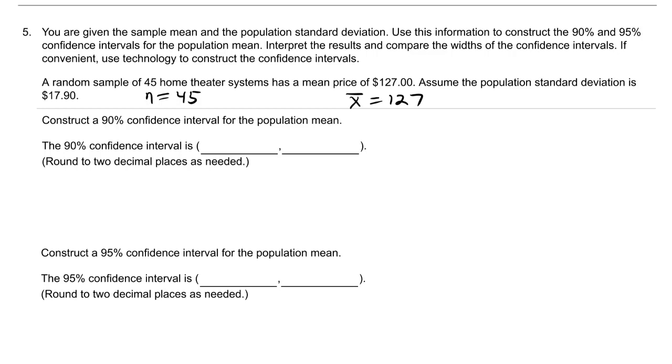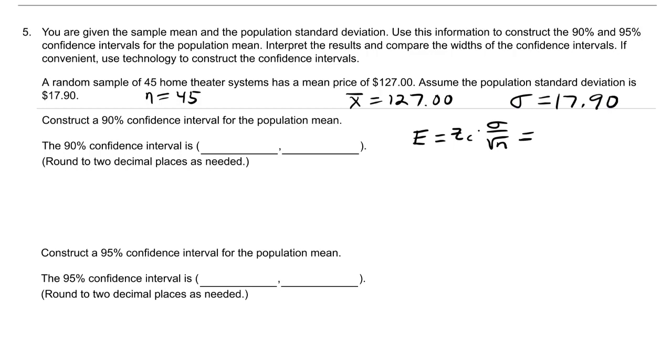Assume the population standard deviation is 17.90, so that would give us a sigma of 17.90. So now, in each case, we're just going to do E is z critical times sigma over the square root of n.